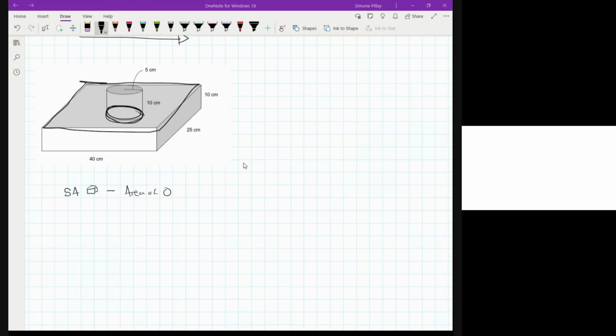So once you've done that, we've now calculated basically the surface area covered from this bottom bit. But now we still have to calculate the surface area of the circle on the top, plus the surface area of the curved rectangle that goes around my cylinder.